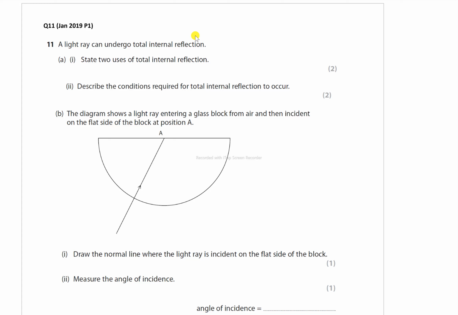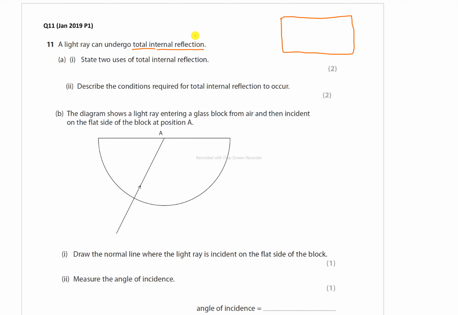Right, a light ray can undergo total internal reflection. Basically, what that is, is something like this. There's your block.